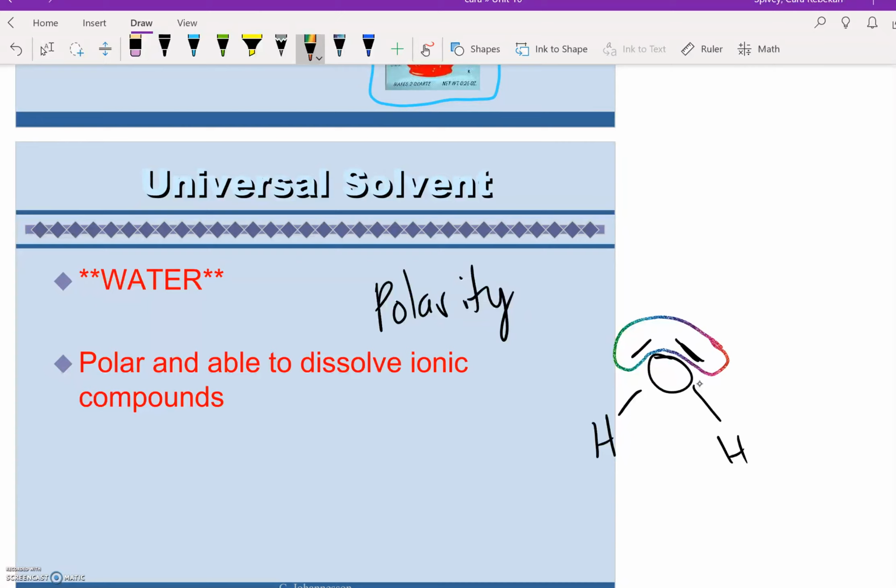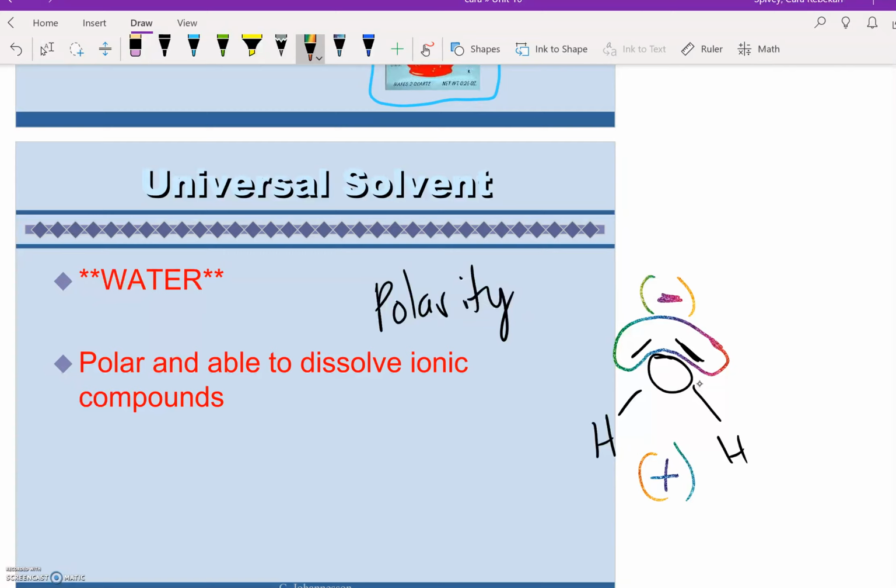So these lone pairs allow water to have a positive side and a negative side. This property of water allows it to pull apart other molecules. That's what makes it so good at doing all of the dissolving. So keep in mind that water is the universal solvent because of its polarity.